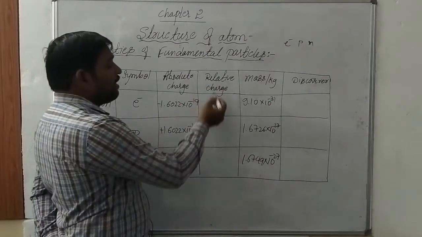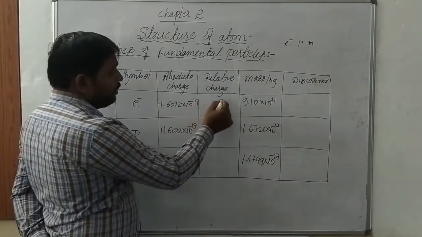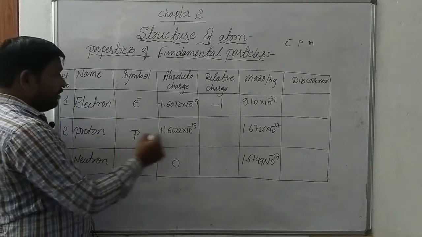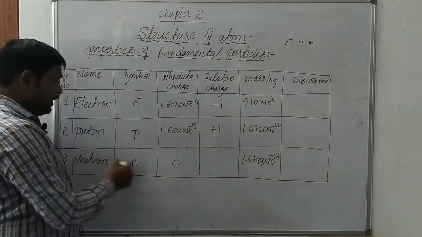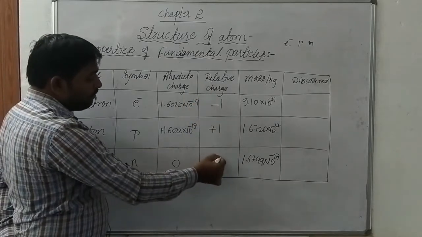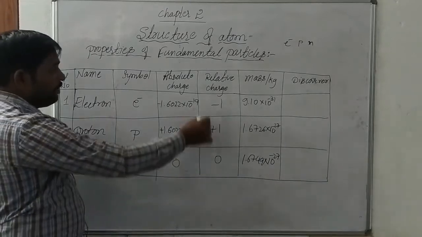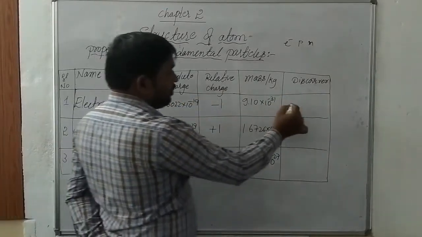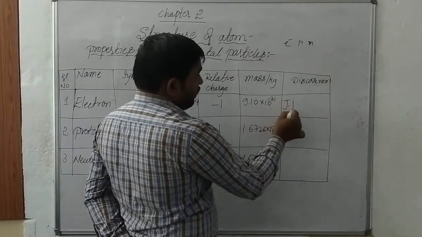And what is the relative charge? The relative charge of an electron is minus 1. Similarly, the relative charge of a proton is plus 1. The relative charge of a neutron is always 0. And the discoverer: who discovered the electron? The electron was discovered by J.J. Thomson.